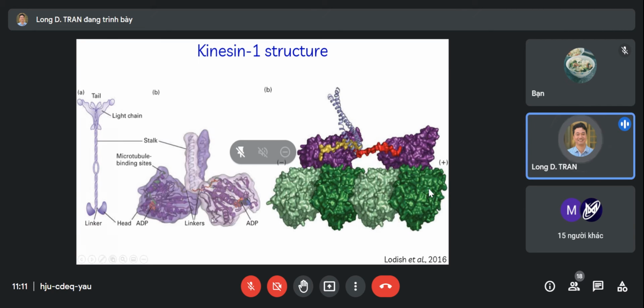The head has the microtubule binding domain, and it also has the ATP binding domain, and it will hydrolyze ATP to change the structure of the linker, which is equivalent to the neck region of the myosin, and allow the kinesin to move on the microtubule.